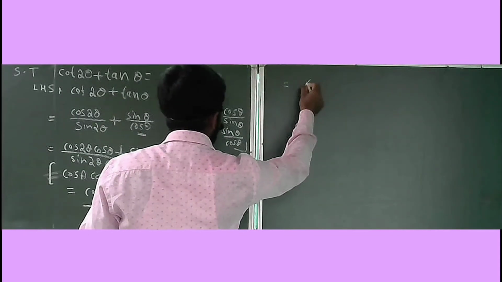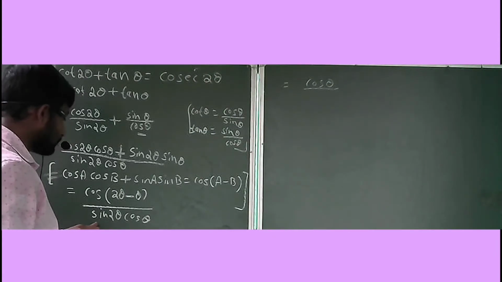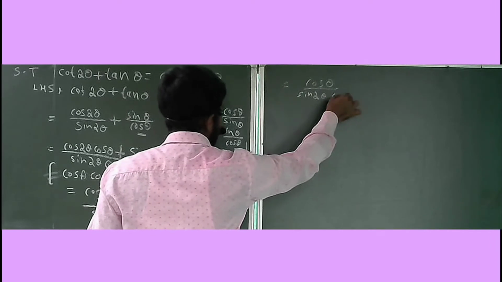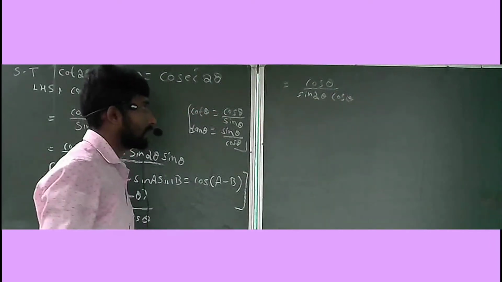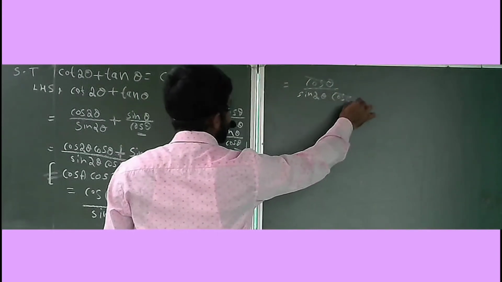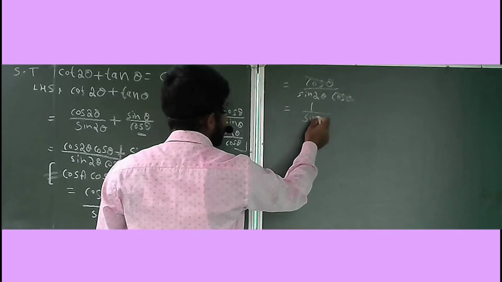You will get cos theta divided by the denominator terms sin 2 theta into cos theta. In the numerator one cos theta is there. In the denominator also one cos theta is there. You can cancel those two cos thetas. The remaining term is 1 by sin 2 theta.